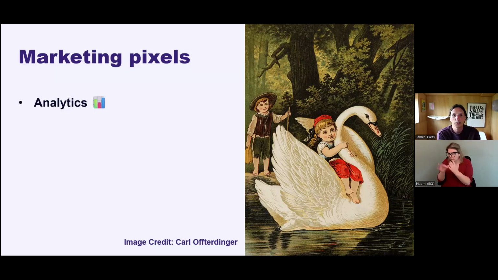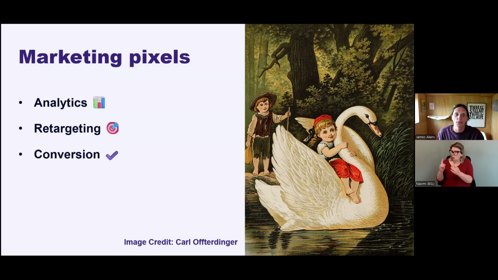There are analytics ones, and they could be things like sending data to Google Analytics, so you can track website users through your website. We have retargeting ones, so that could be a meta pixel or a TikTok pixel, for example. So it's understanding information about the users that are coming to your website and then serving adverts based on what they've done on your site.